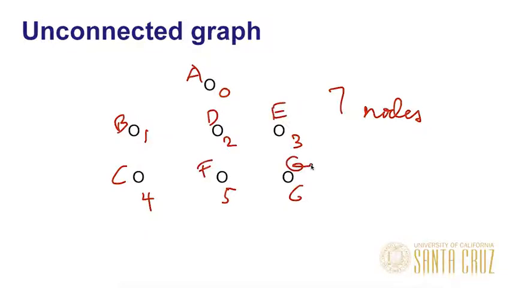Or you might see them as nodes on a graph. Maybe this is San Francisco, and this is Los Angeles. All of these are possible. It's unconnected because we can't go from any node to any other node. We don't see any path in this unconnected graph between San Francisco and Los Angeles. We just see nodes.